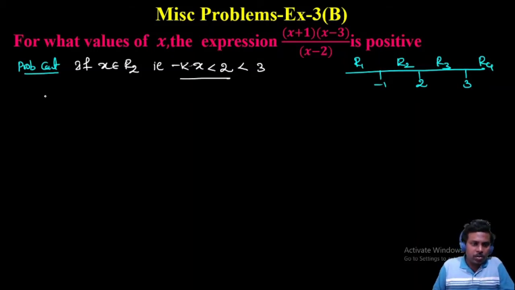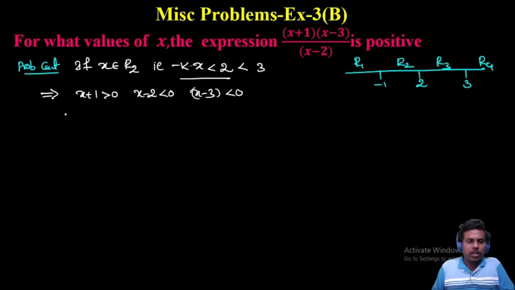So this implies x plus 1 is greater than 0, x minus 2 is less than 0, and x minus 3 is also less than 0. So this is positive quantity, these two are negative quantity. So this implies (x plus 1) into (x minus 2) into (x minus 3) is positive.